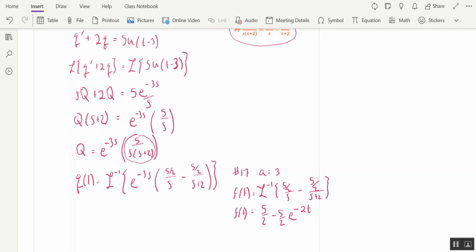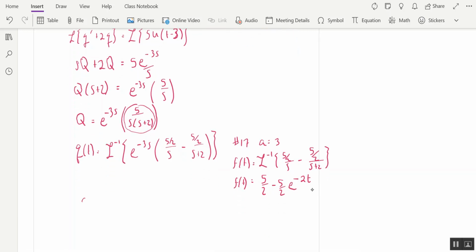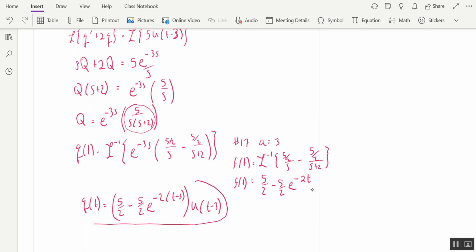That's my f. So by formula 17, little q of t is, I want f of t minus a, and a is 3. So 5/2 minus 5/2 e to the negative 2 times t minus 3, all times u of t minus 3. And that's our final answer.